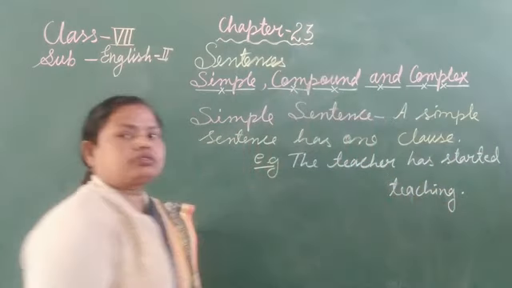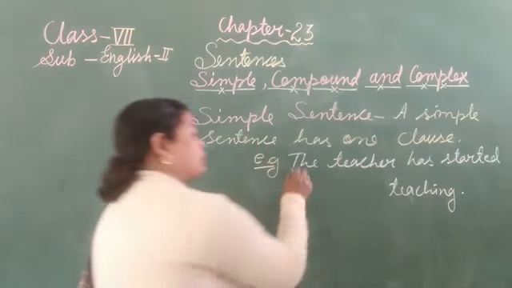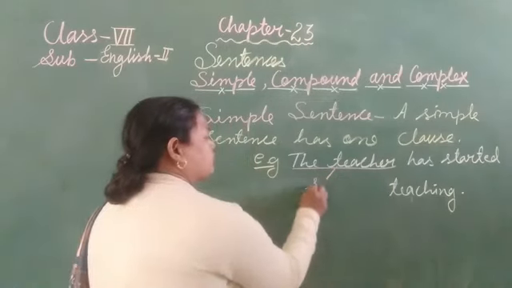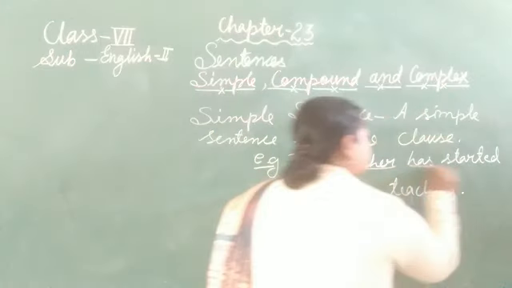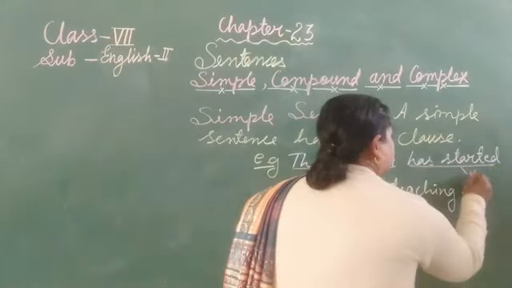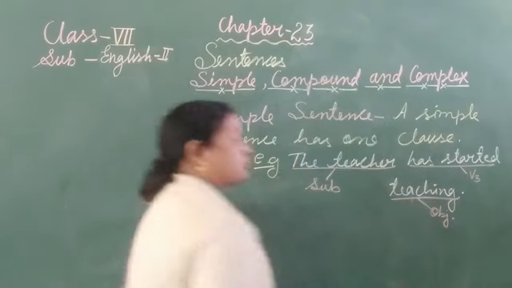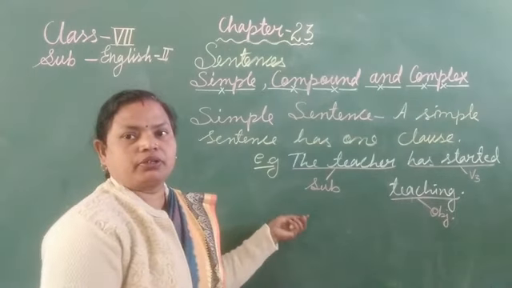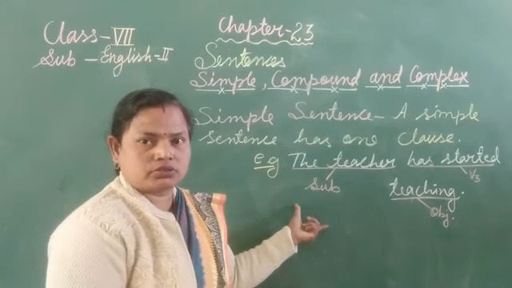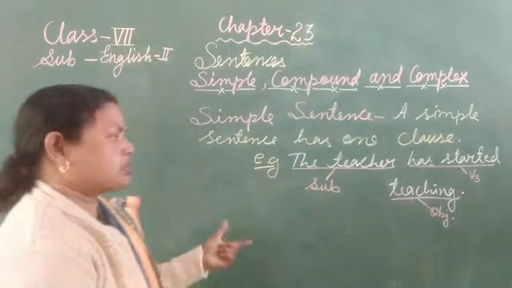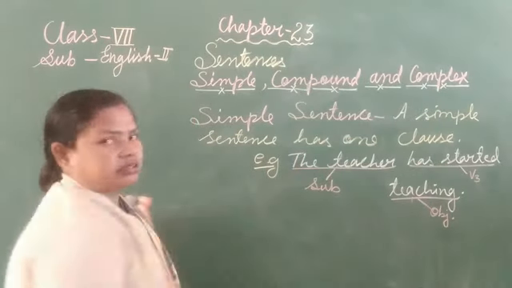In this sentence, the teacher is the subject, has started is the verb, and teaching is the object. So this is one complete clause, and it is an example of a simple sentence.